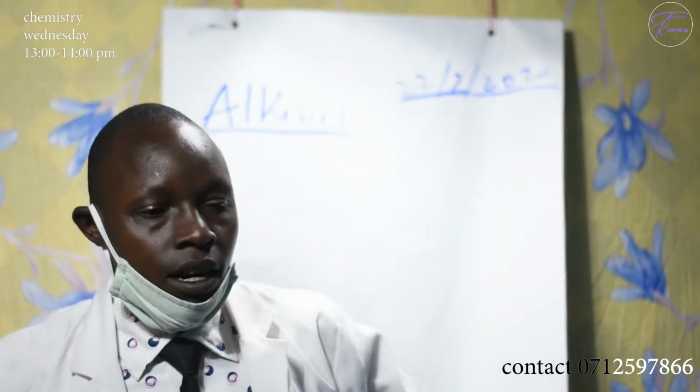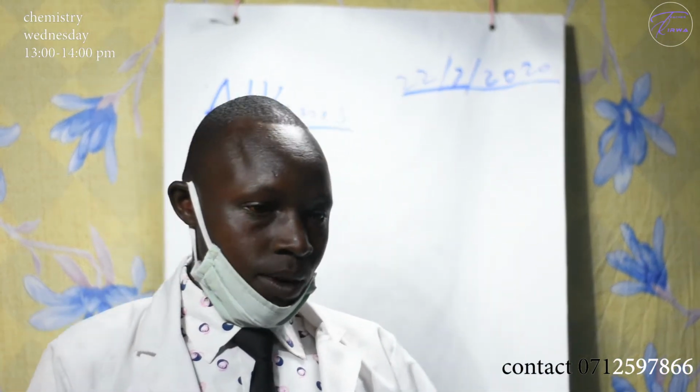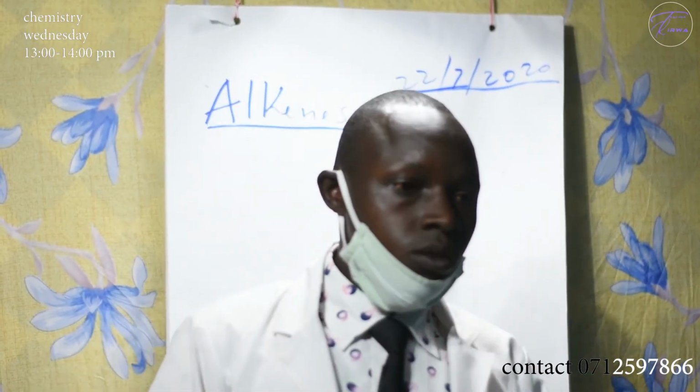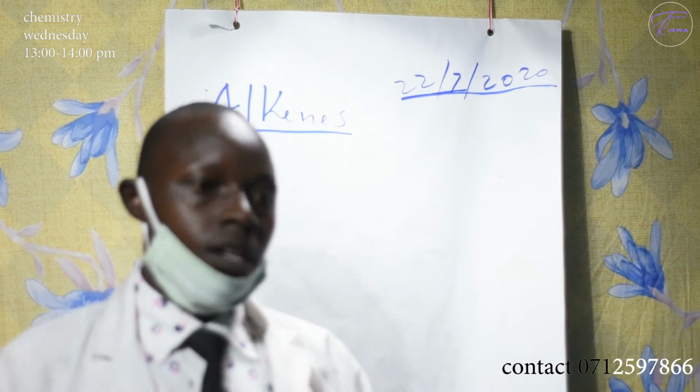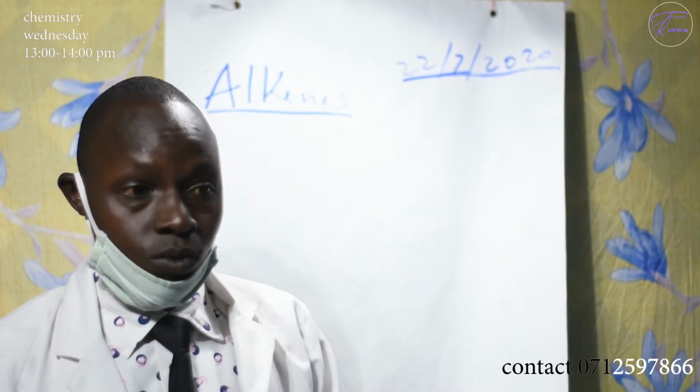So today I want us to look at alkenes. This is the second part of that discussion, lesson 4. I told you when we began looking at this topic that we have 3 hydrocarbons that we are going to discuss under organic chemistry 1.